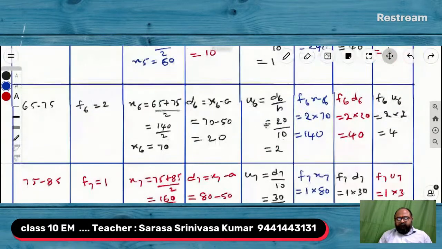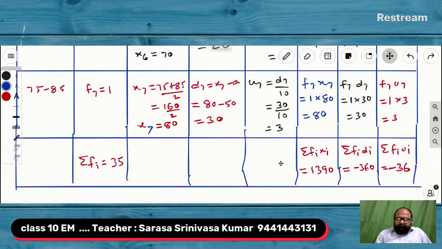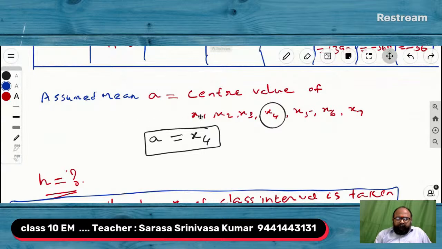After finding this, we calculated sigma fi equal to 35, sigma fi xi equal to 1390, sigma fi di equal to minus 360, sigma fi ui equal to minus 36. I explained briefly how to find the assumed mean.